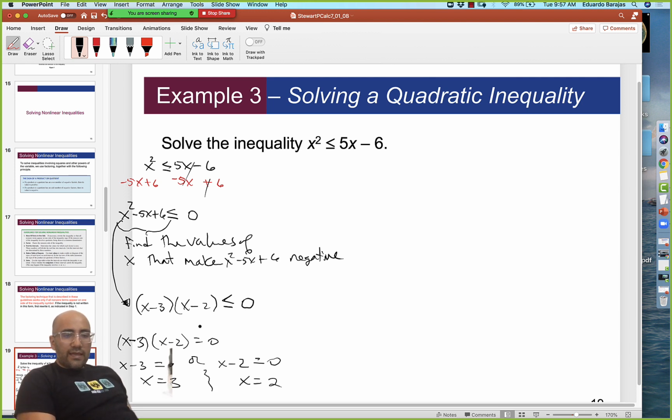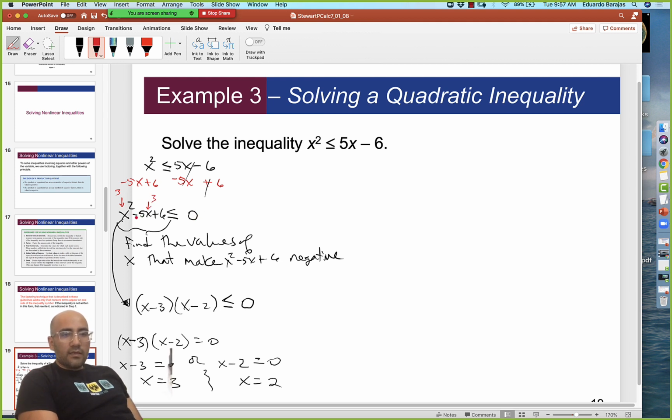and x equals 2 is another solution. That's important to get, but it was really easy in this case, so we probably didn't need to do all that work. We can easily tell that if we let x equal 3, then the whole thing will be 0. If we let x equal 2, then the whole thing will be 0. And of course, coming back up here, if I let x equal 3, I replace that by a 3, replace that by a 3, I'm going to get a 0.